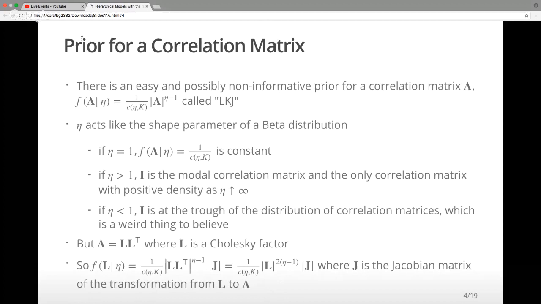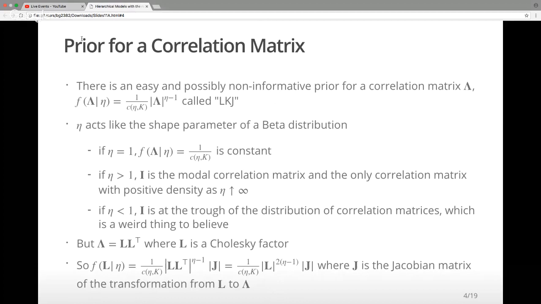So that is going to be a constant. And so we've achieved a uniform prior over the space of correlation matrices of size k that satisfy the positive definiteness restriction by construction.